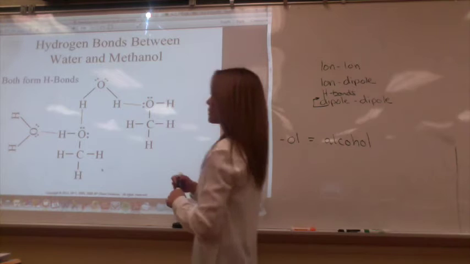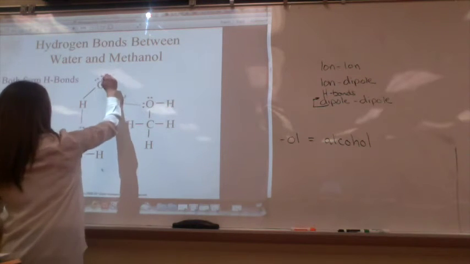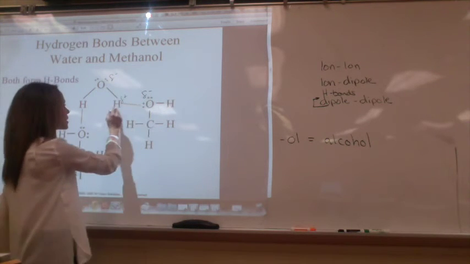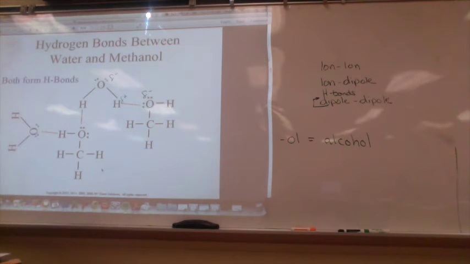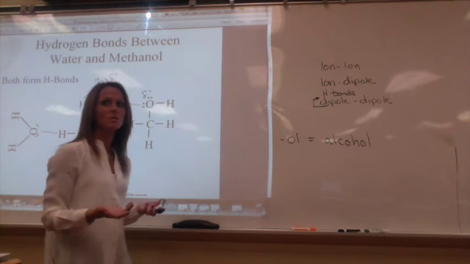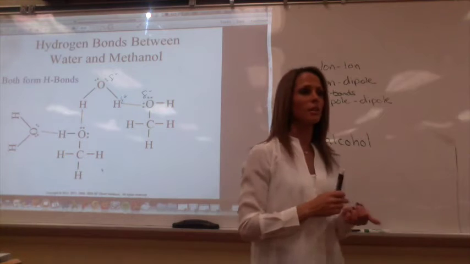So water, being slightly positive on this end, slightly negative on this end, can also be attracted to methanol, which means that when you mix these two liquids, they dissolve, right? They kind of mix with one another. So that's called miscibility. We'll get to that too. So something that's miscible versus something that's immiscible means that it mixes completely.